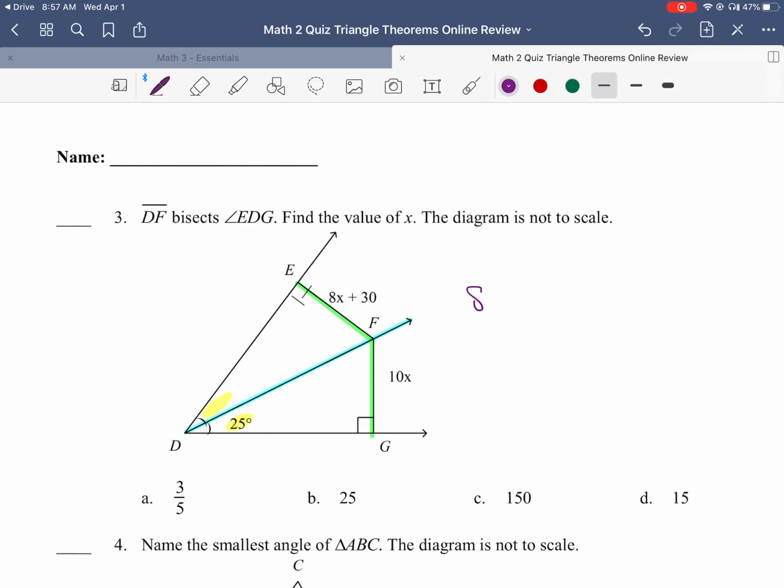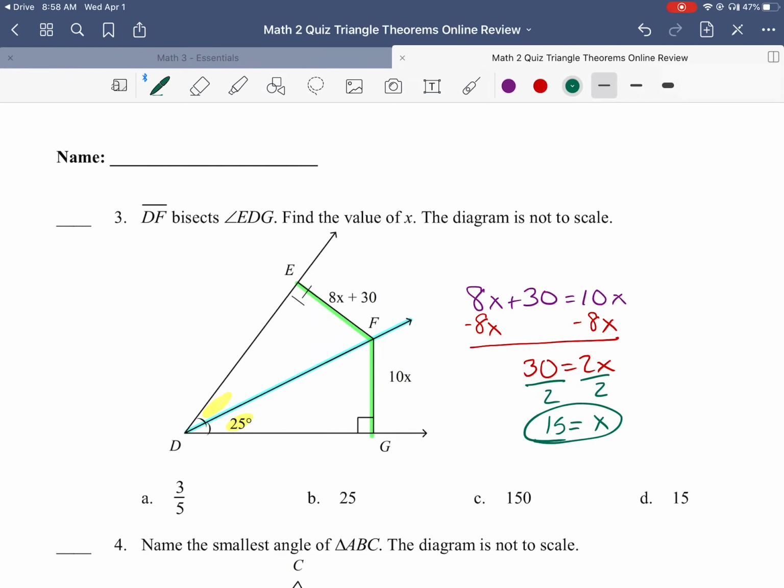So that means that 8x plus 30 equals 10x. Subtract 8x from both sides. Divide by 2. X equals 15.